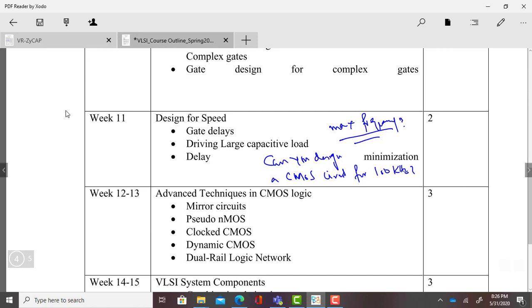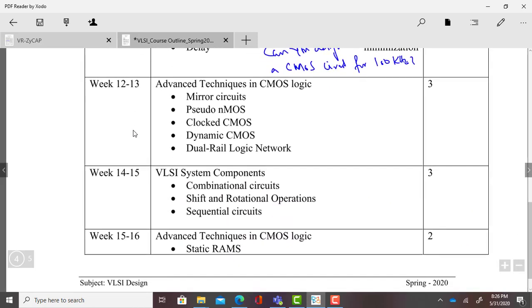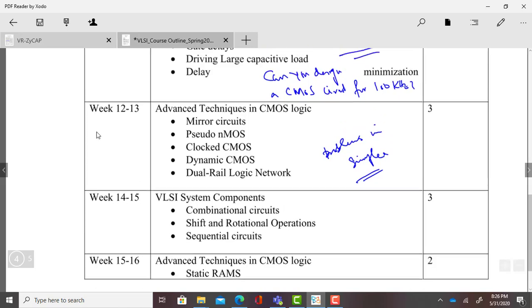Okay, so we will answer questions like these. Then we will go to the advanced techniques in CMOS logic, which addresses some of the problems in simple approaches, and we'll talk in more and more detail about this.